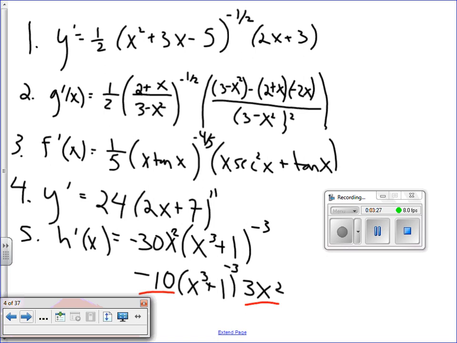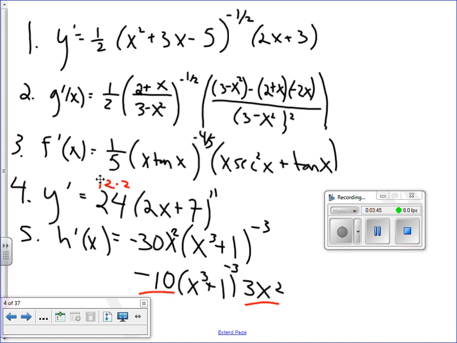That's an 11. So you have 12 times 2x plus 7 to the 11th times 2. But that 12 times 2, that's your 24. I just multiplied them together. When you get a couple constants and they're all multiplied in the answer, just bring them up front and multiply them. Same thing with number 5.